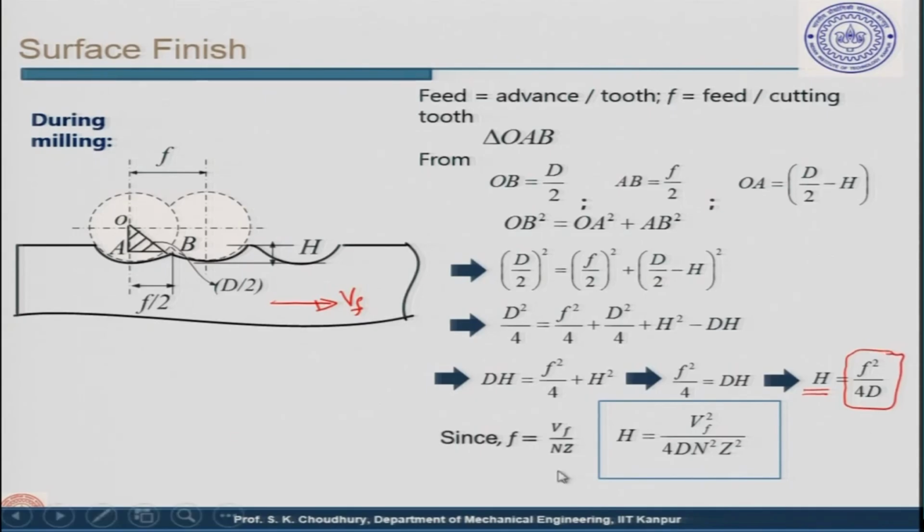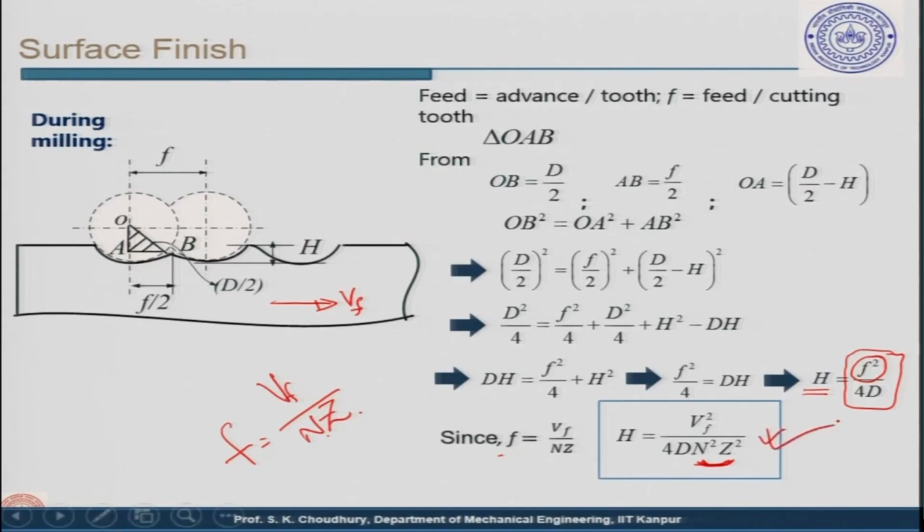Now, f we said earlier is Vf divided by n into z, you remember. So, if we put Vf by nz in place of f, we will find h.